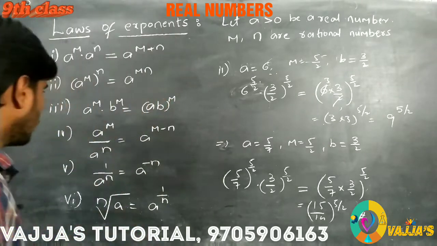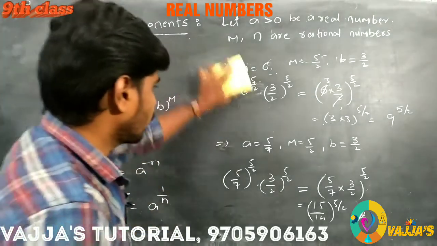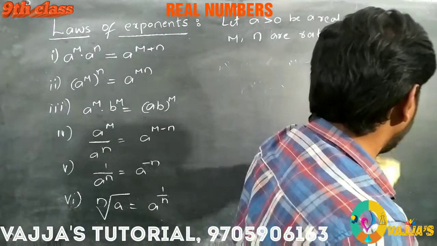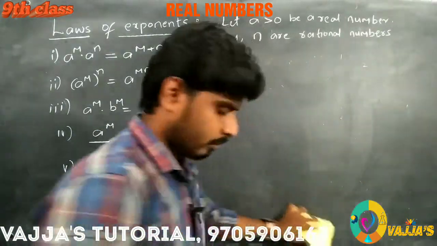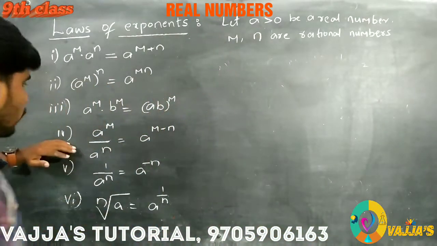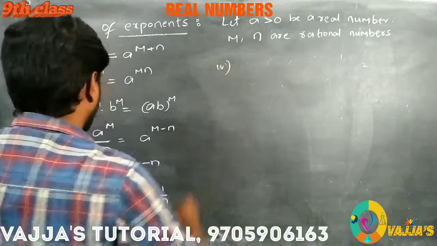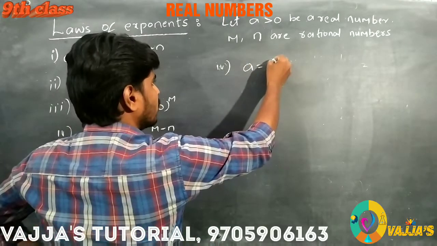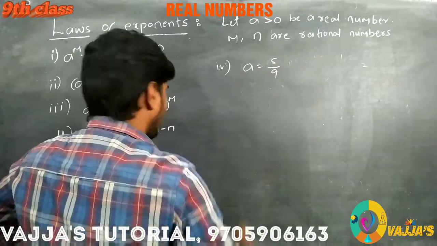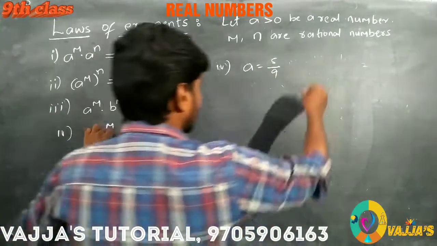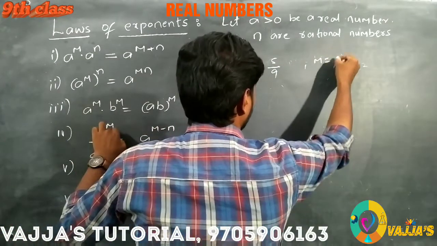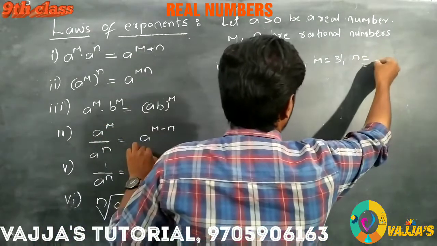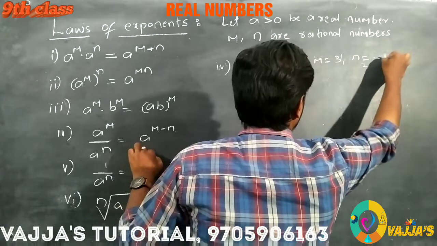Next, coming to the fourth one. I am changing my a and b values as well as the m, n values. Take the fourth law. Take a equals 5 by 9, m equals 3, n equals minus 4.